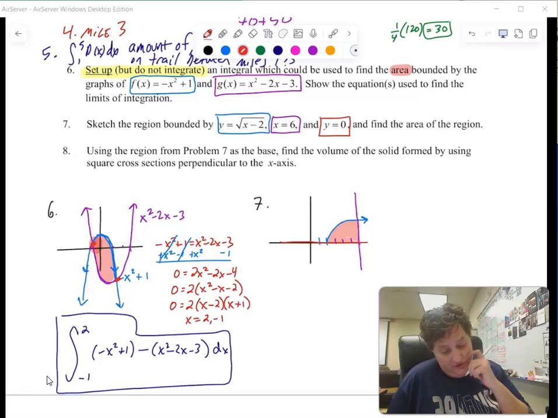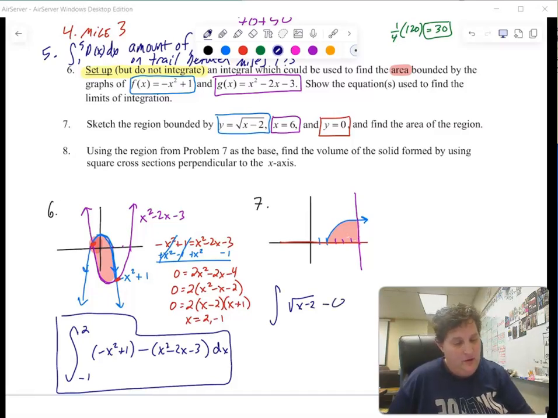Okay, here we go. So again, we're just going to do top minus bottom. So it's the square root of x minus 2. The bottom is bounded by 0. You do not have to write -0, so that's fine, but that's essentially what we're doing. And we can kind of tell on here, just on my graph, that it goes from 2 to 6. Okay?